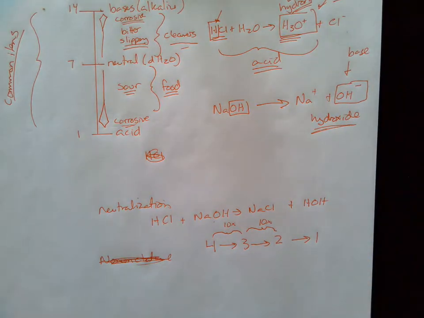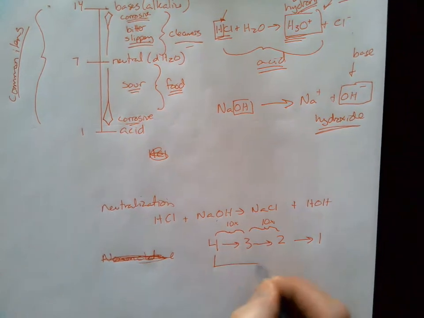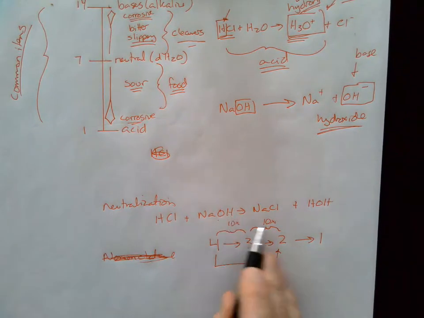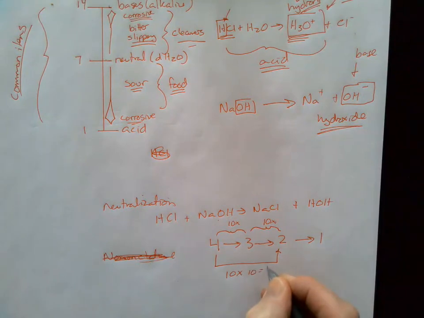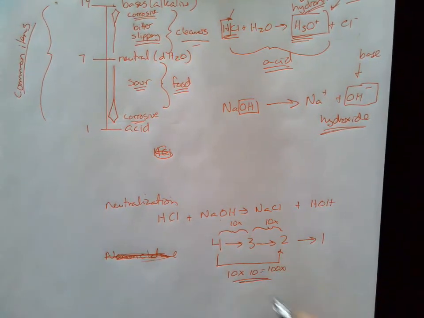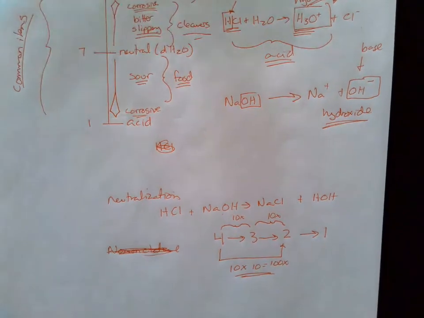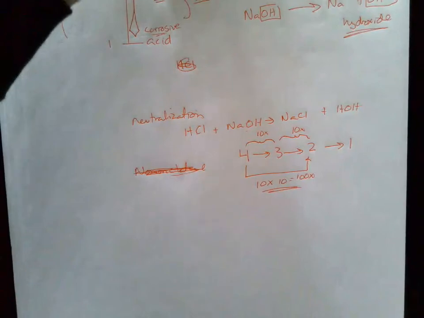So something that's a pH 5 versus a pH 1, that is a big difference. If you jump 2 places on the scale, you've got to multiply the 2 numbers together. So it's 10 times 10 equals 100 times. If you jump from 4 to 1, it'll be 10 times 10 times 10 is 1,000 times.